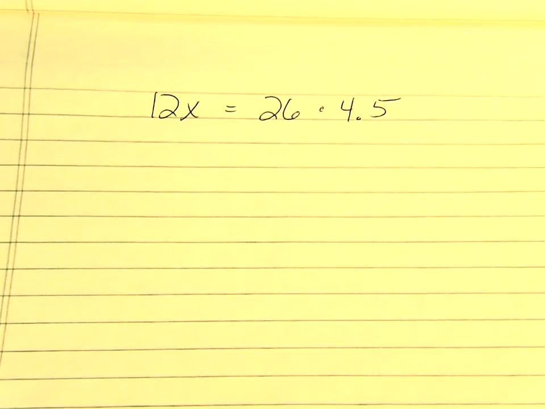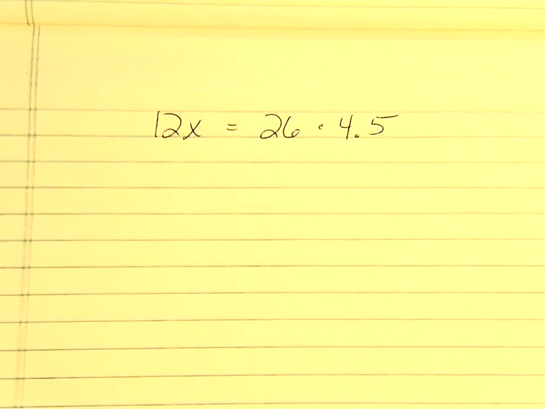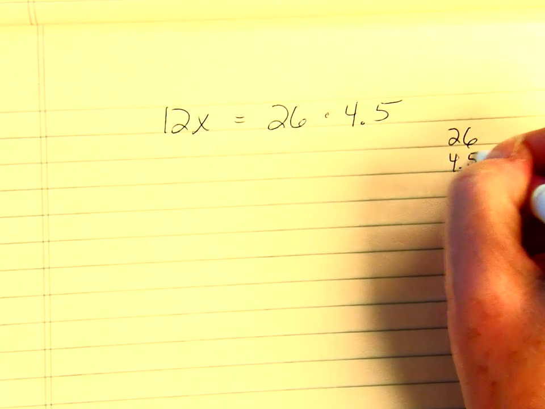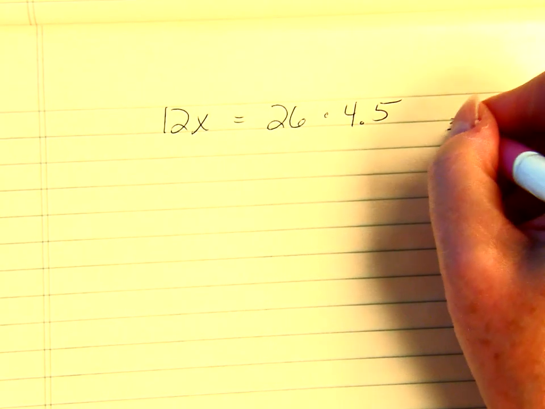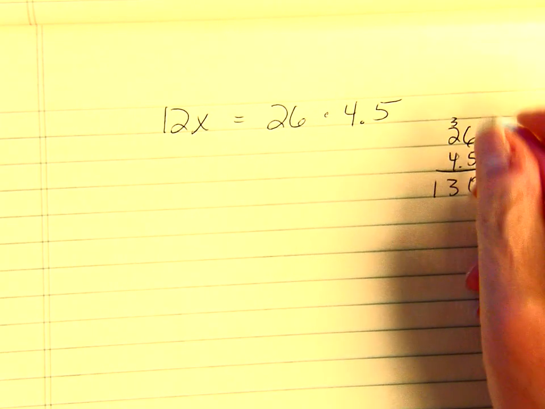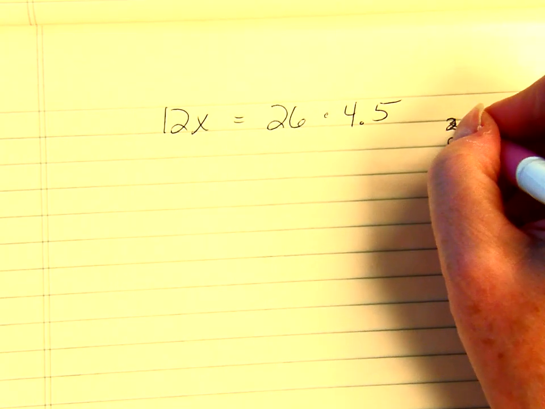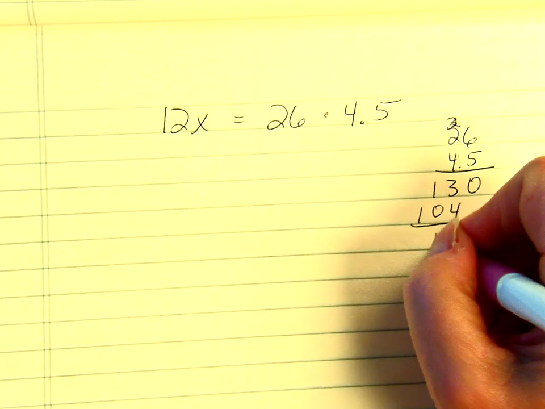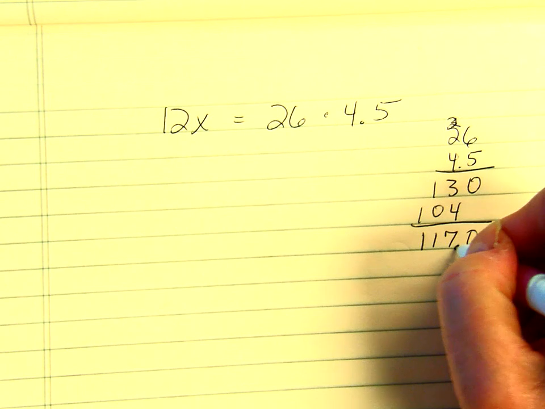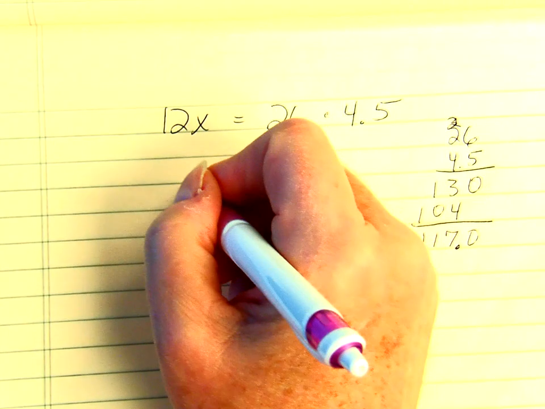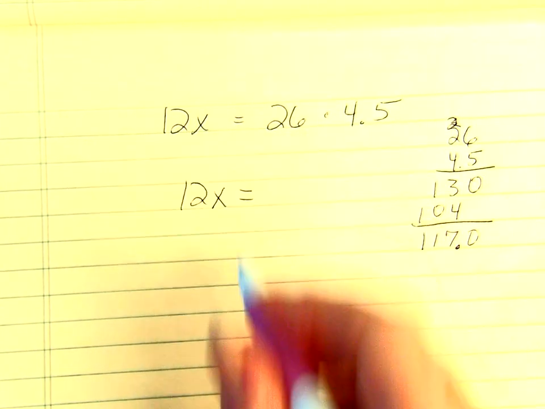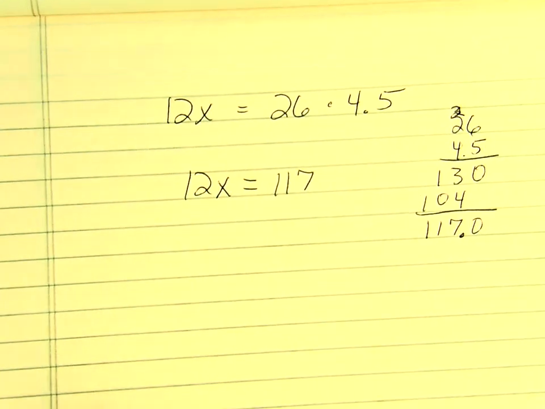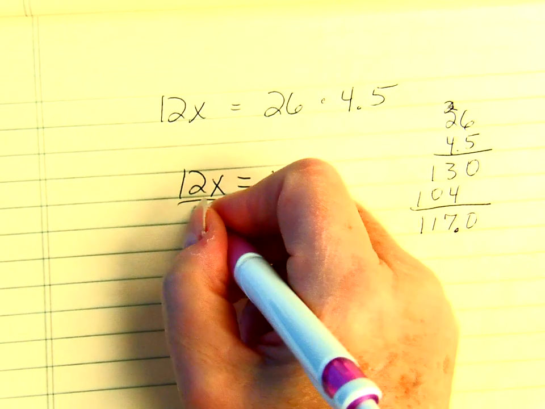I'm going to just check to make sure that I transferred that properly, and I did. Okay, side math, 4.5 times 26. And so I get 12x equals 117.